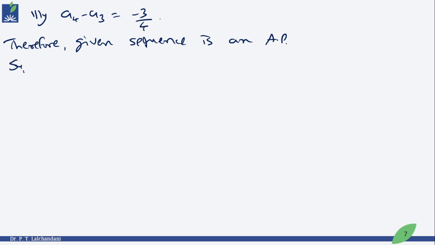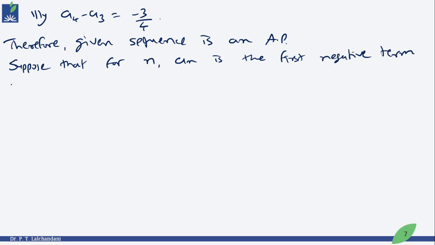Suppose that for n, an is the first negative term of the given arithmetic progression, right?